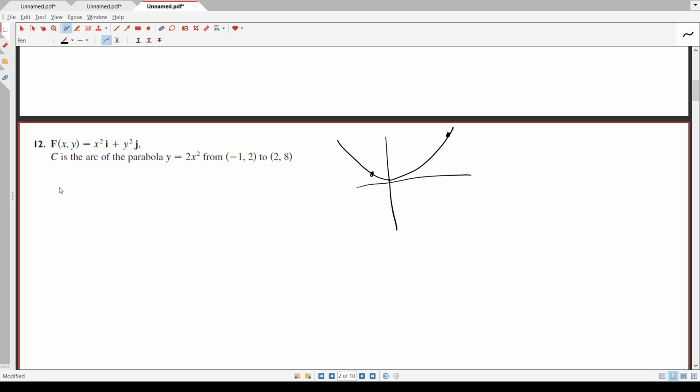Okay, so to check if we can write this as a gradient, we did this a while back. So this is x squared, y squared. I'm going to look at the second derivatives.